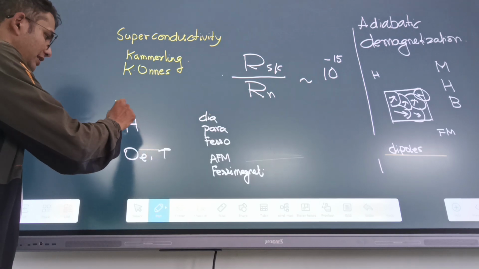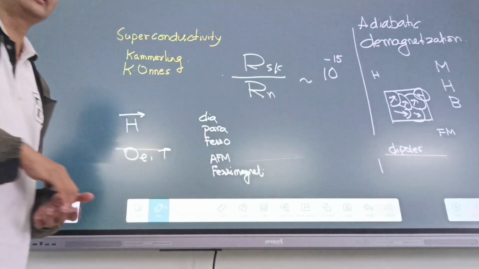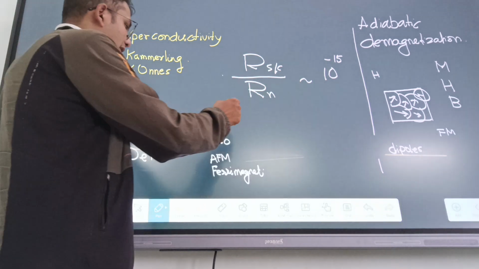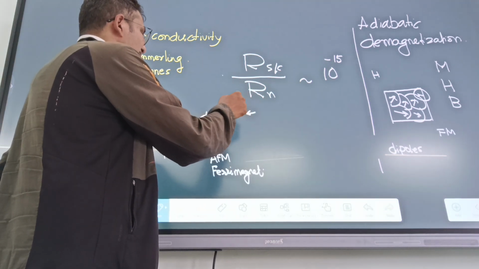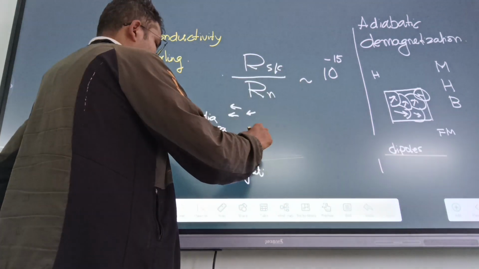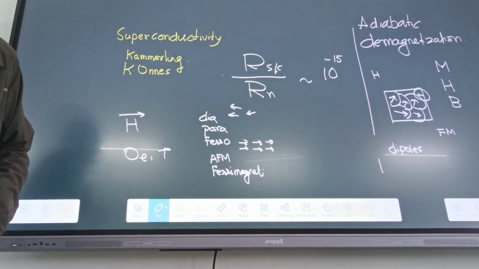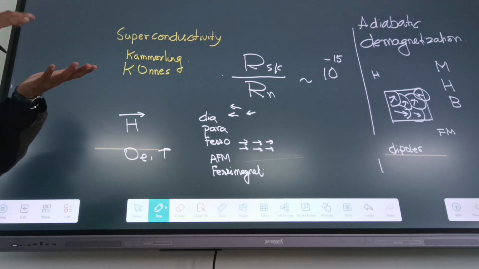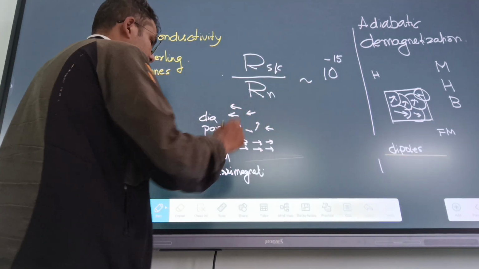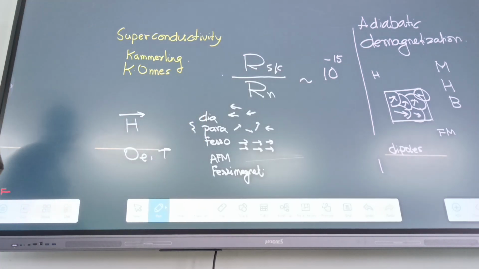If its direction is like this, it will try to align all the dipoles in its direction. But if it is a diamagnet, then the dipoles will align in the opposite direction. If it is a ferromagnet, then all the dipoles will align in this direction. If it is a paramagnet, then some of them will align in this direction and some in the other direction. So we will mainly focus on this type of material, a paramagnet.